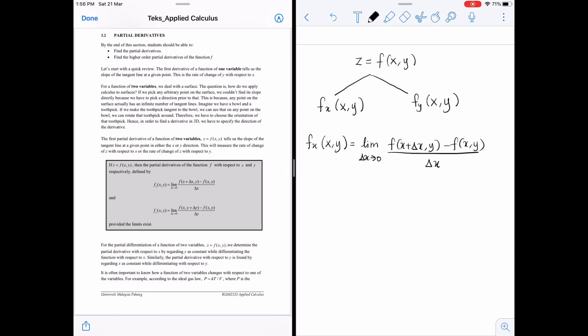And for the partial derivative of f with respect to y, we have the limit as delta y approaches 0 of f(x, y plus delta y) minus f(x, y), divided by delta y.